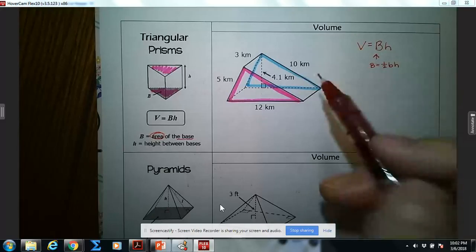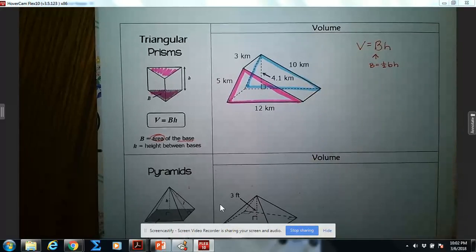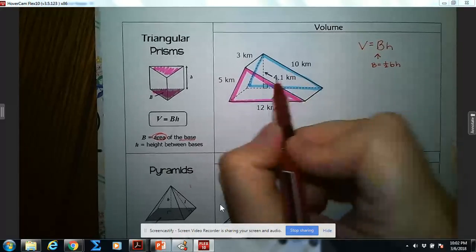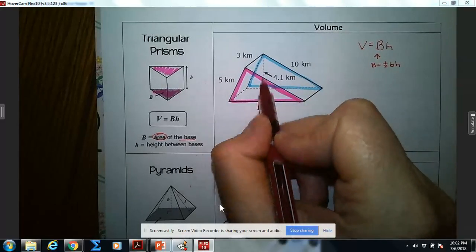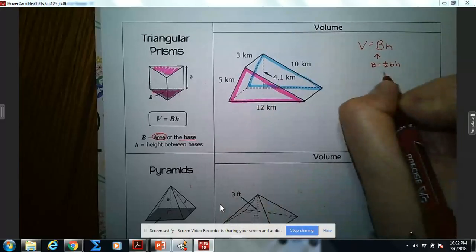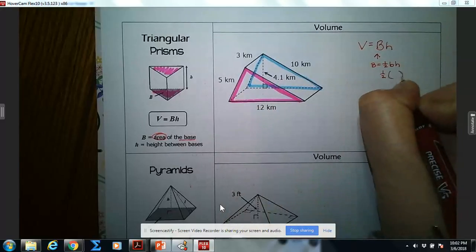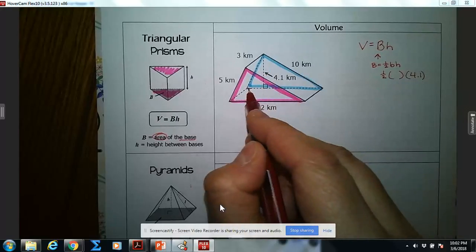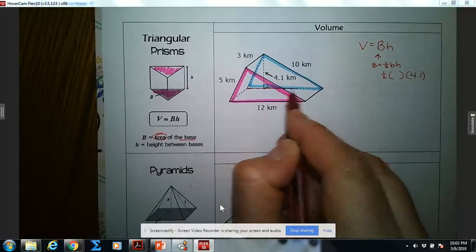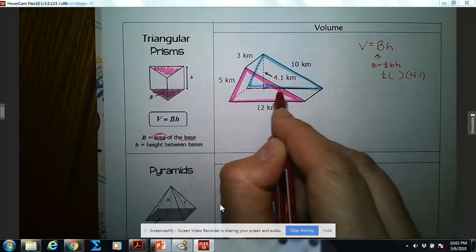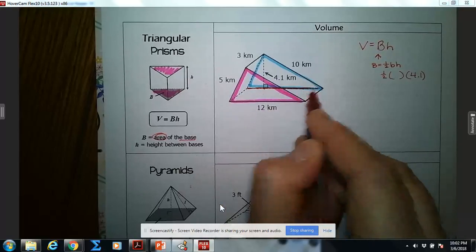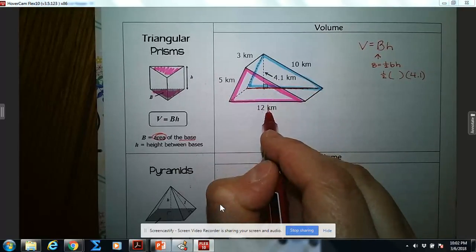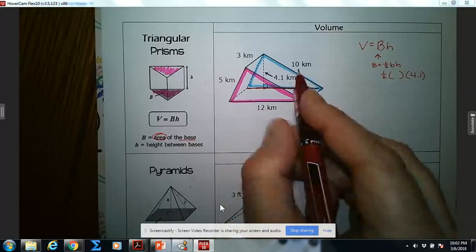So I think we need the pink and blue triangle combined. The height is definitely that perpendicular piece of 4.1. The base runs perpendicular to the height, and there's no value given here on the blue triangle, but if you look straight across to the pink triangle, you'll see that it's 12.